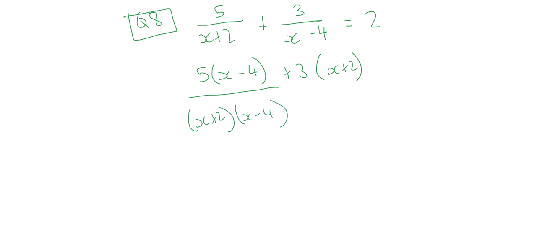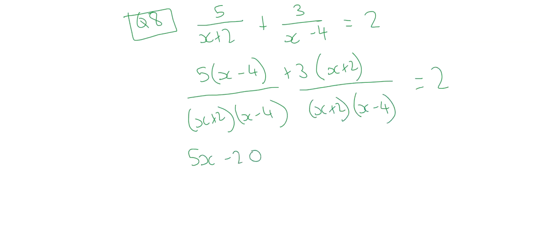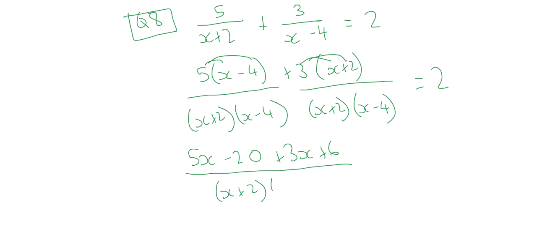This is x plus 2, I'm writing on a weird angle, x minus 4, and it still equals 2. So now that my denominators match, I'm allowed to put the tops together. So this is 5x minus 20, right? I'm just distributing these, plus 3x plus 6 all over x plus 2, x minus 4, and that equals 2.